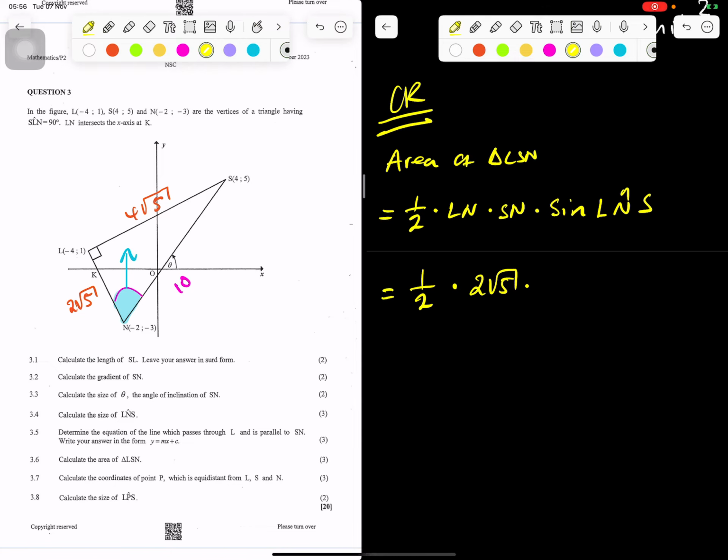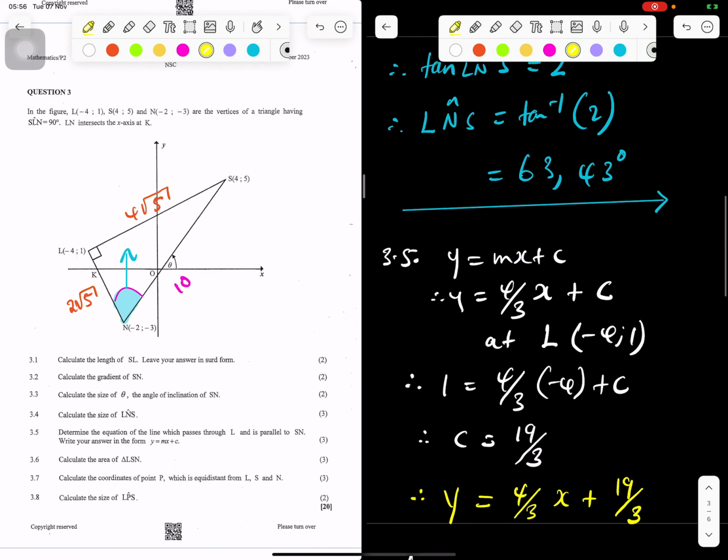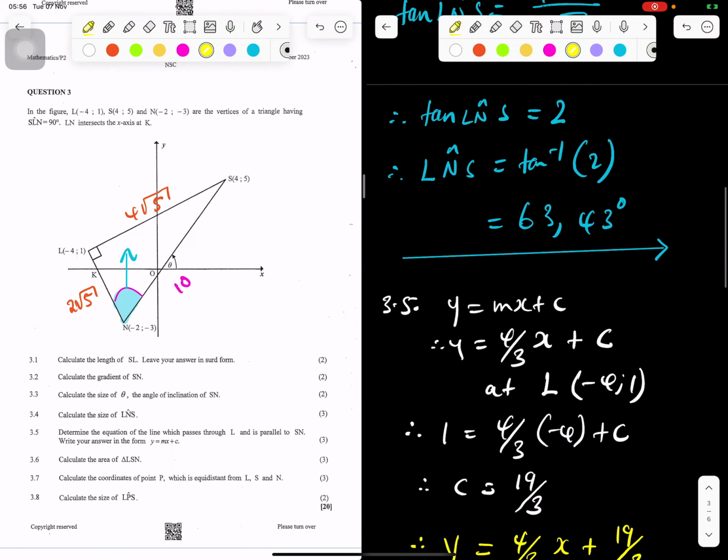So that is going to give us 1 over 2 multiplied by LN, that is 2 square root of 5 multiplied by SN, that is 10, multiplied by the sine of that angle. So we got that angle to be 63,43.